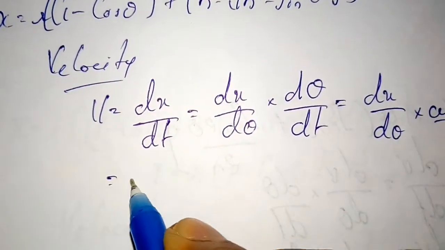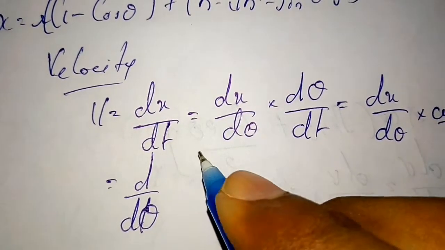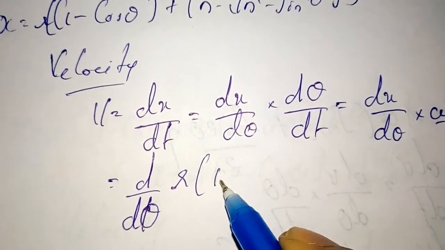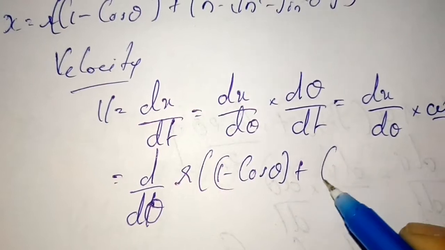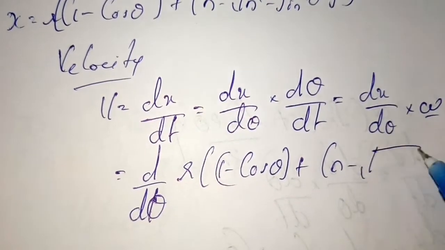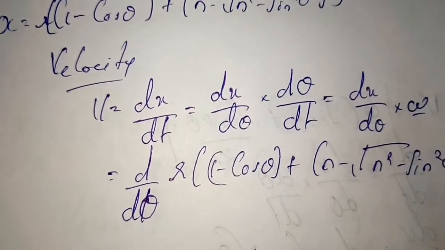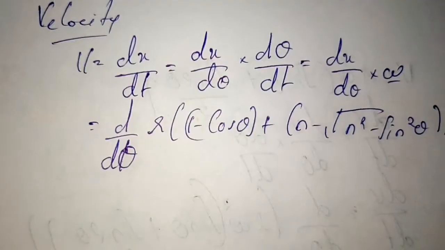So now we are going to differentiate, d by d theta of the displacement, r into 1 minus cos theta plus n minus root of n square minus sine square theta, into omega.